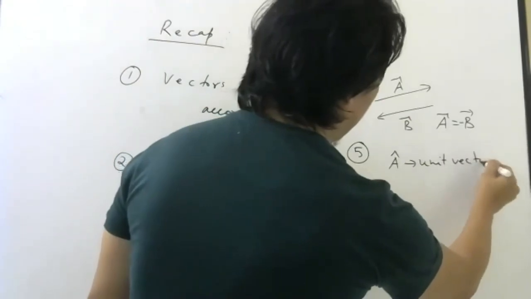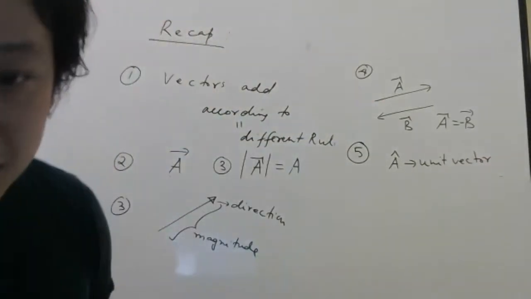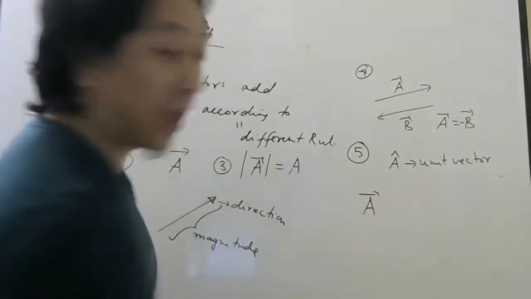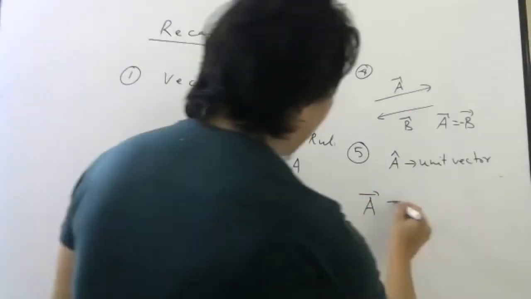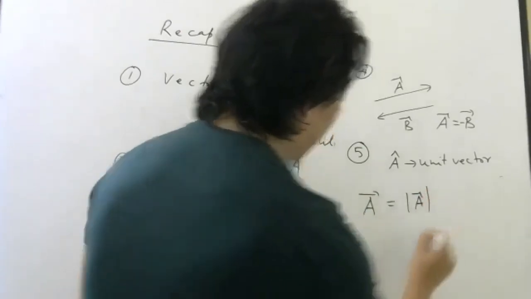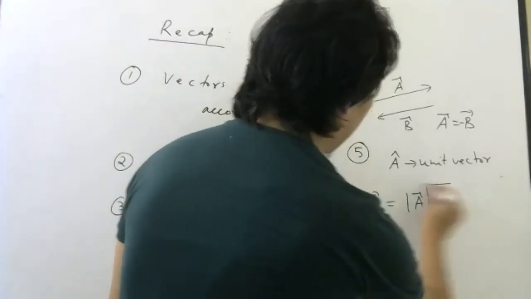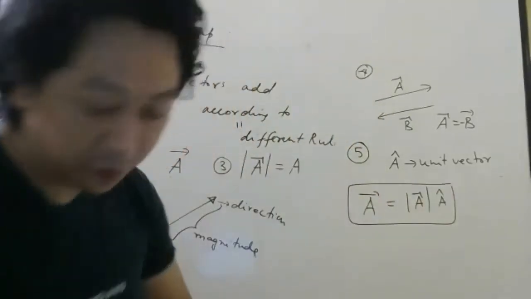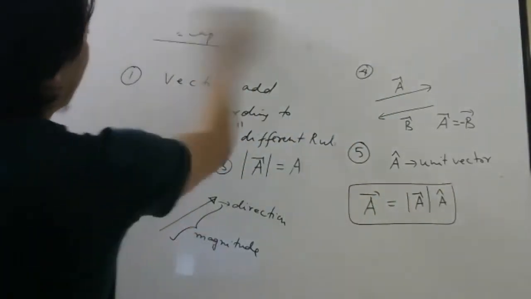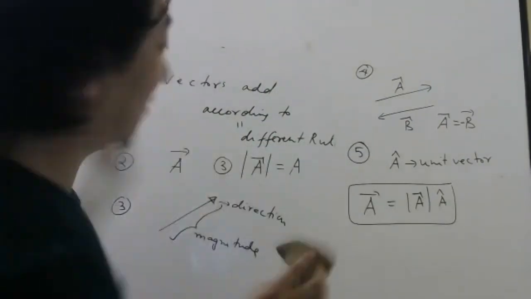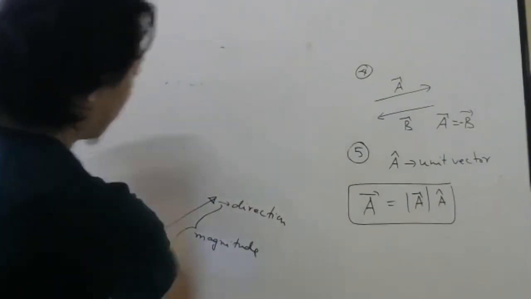It is a vector whose magnitude is 1, and the relation between any vector and its unit vector is: the vector equals magnitude of this vector times unit vector. So I will stop the class provided you answer this question. So these are the 5 most important things which you should remember for next class. Okay.